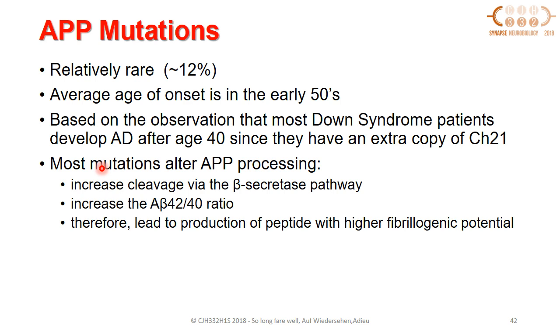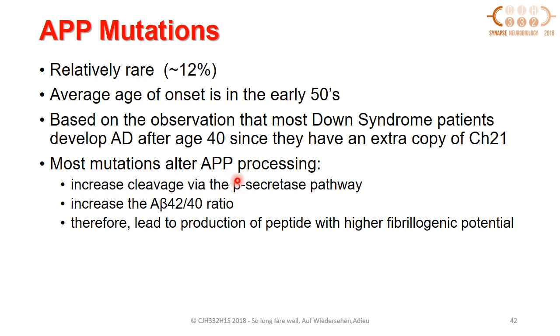And on chromosome 21, we carry the APP gene. So they have 3 copies of APP. They're overexpressing APP, and as a result of that increased load in APP, they're generating much more of the A beta.